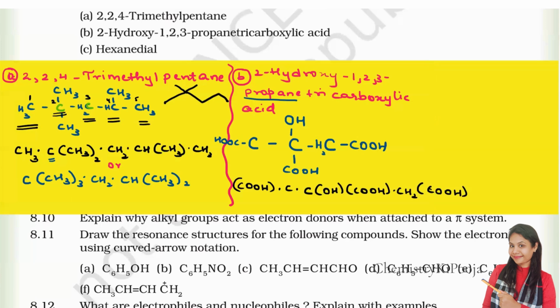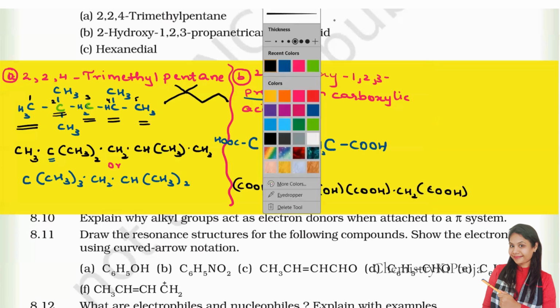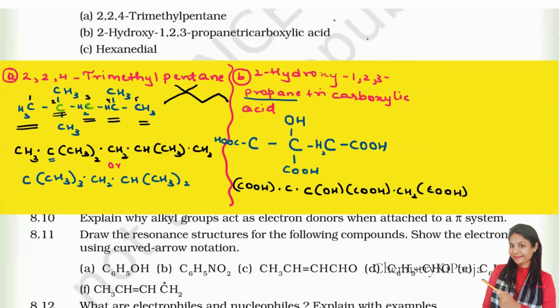Finally, I need to draw the bond line, which is again very simple. You put 1, 2, and 3 carbons. On the first one there is COOH, so this is C, then on the C, double bond O, and then OH. Same way, this is C, double bond O, and OH.